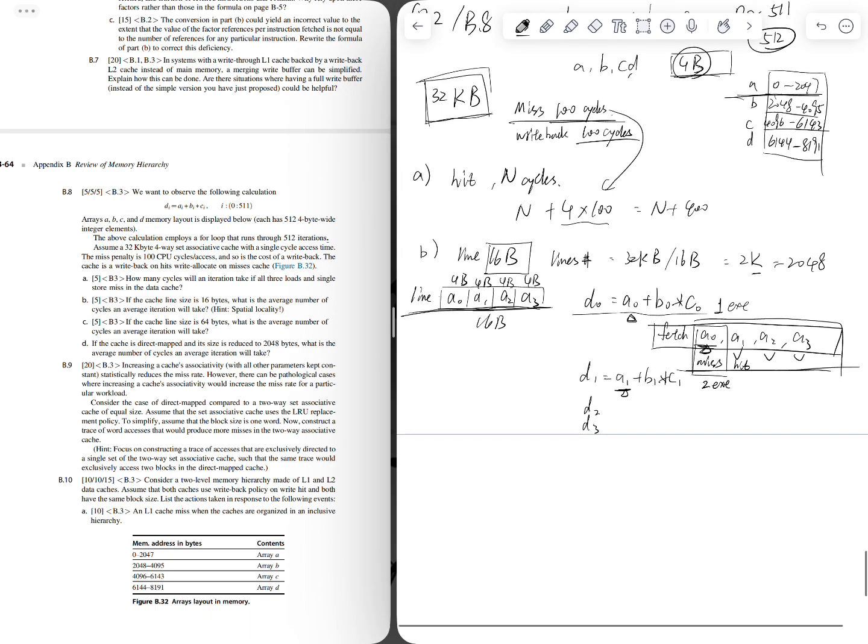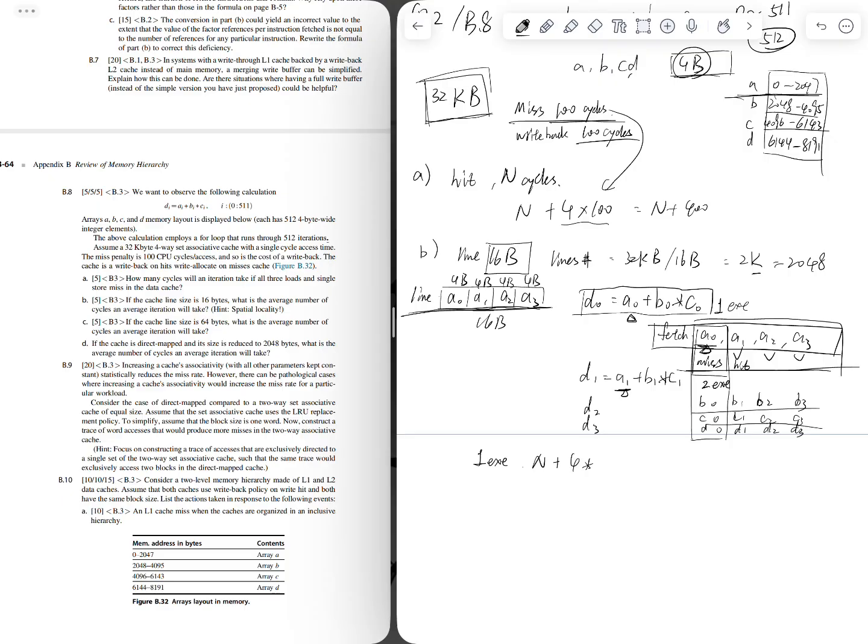So what is the average time? For the first execution, we have a basic hit and misses: all of A, B, C, D miss, so it's 4 multiplied by 100.